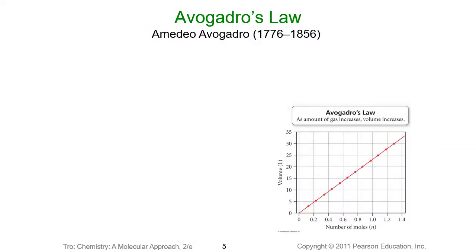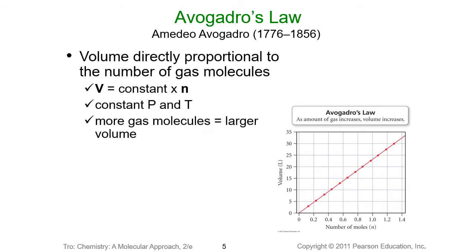Avogadro's law relates, as you would guess, moles to the volume. So the volume is directly proportional to the amount of gas molecules that are present. As you have experienced this with blowing up balloons. So if you blow up a balloon, as you're increasing the amount of gas particles in that balloon, that volume increases.